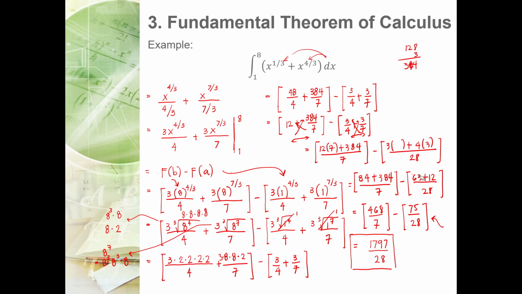So i-multiply tayo ng kuan. So let's try to change the answer. So this one is 7. So this one is 21. Then this one is 33.